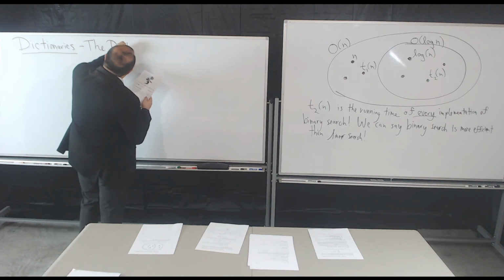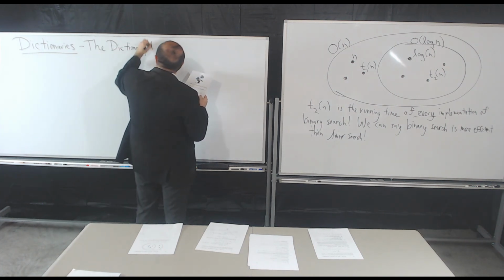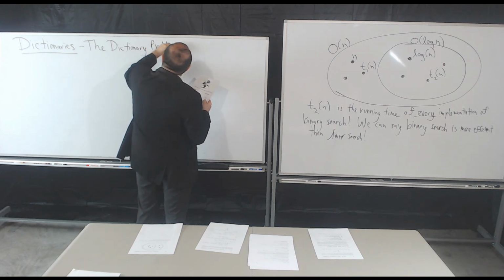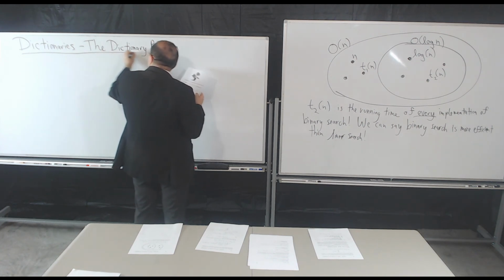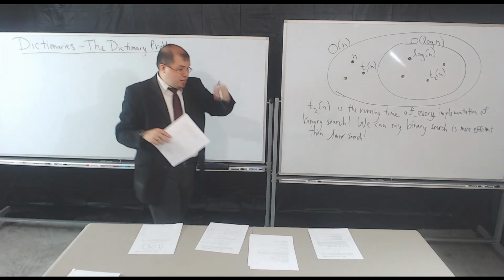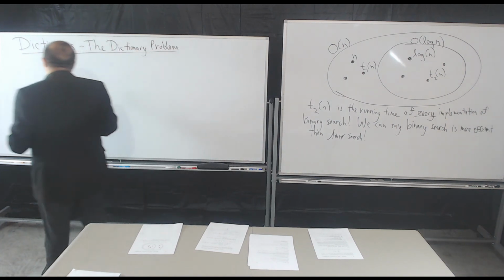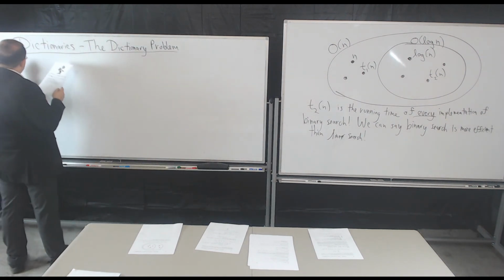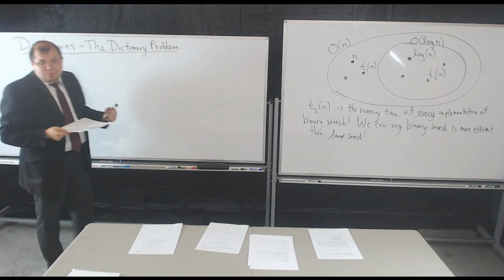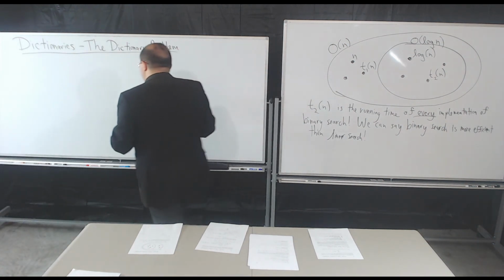Remember how I said that data structures can almost be viewed like problems, because I gave you some ADT, and your job is to implement all of its operations. So you have to provide a bunch of algorithms, each one for one of your operations for the ADT, and how you organize the data matters. So I'm just going to introduce what the dictionary is, and then we'll come back to this next day, okay?